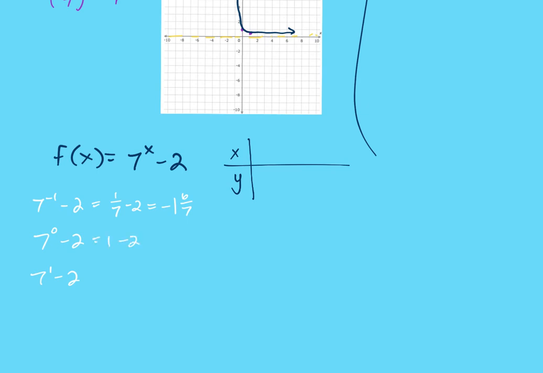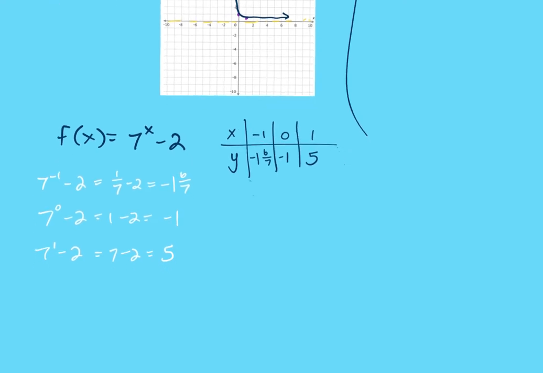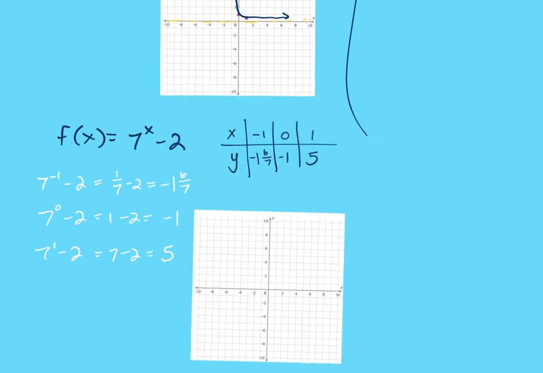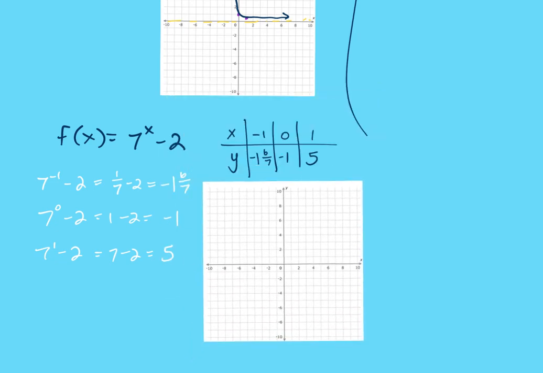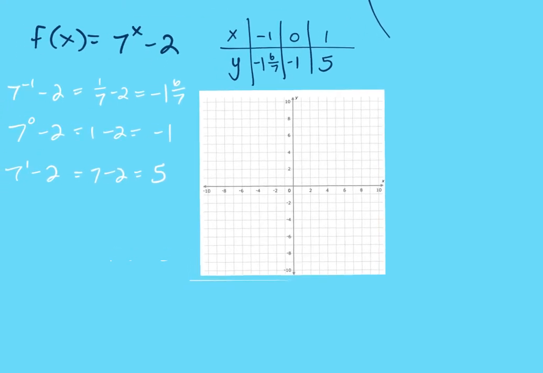This is 1 minus 2, or -1, and this is 7 minus 2, which is 5. So (-1, -6/7) is about there. (0, -1) is here. (1, 5) is here.